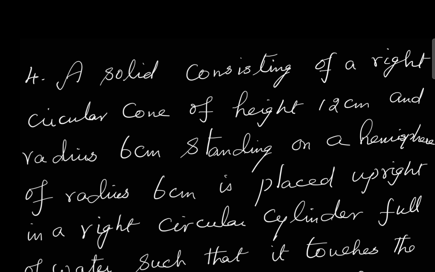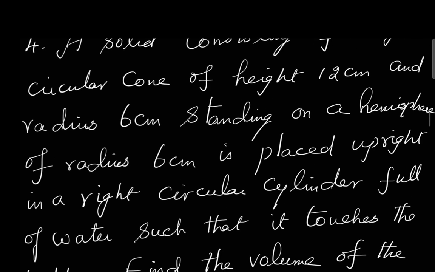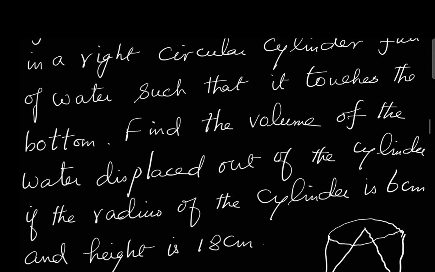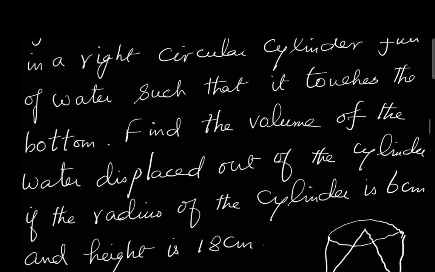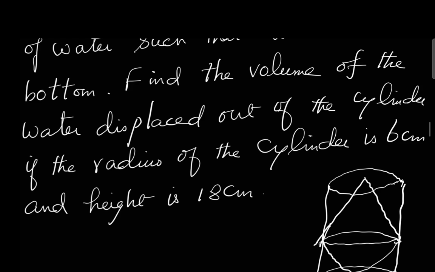Fourth sum. A solid consisting of a right circular cone of height 12 cm and radius 6 cm standing on a hemisphere of radius 6 cm is placed upright in a right circular cylinder full of water such that it touches the bottom.